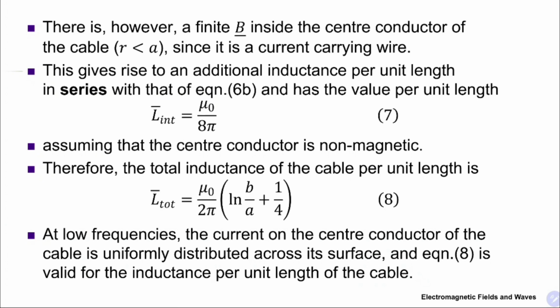The total inductance of our coaxial cable is mu naught over 2 pi natural log b over a plus 1 over 4, where the extra term comes from the inner conductor, per unit length.